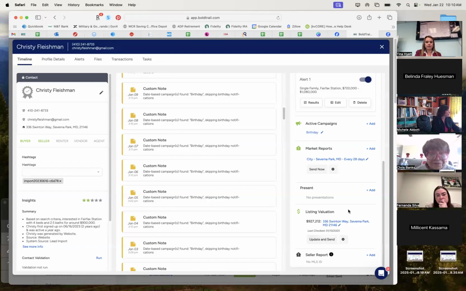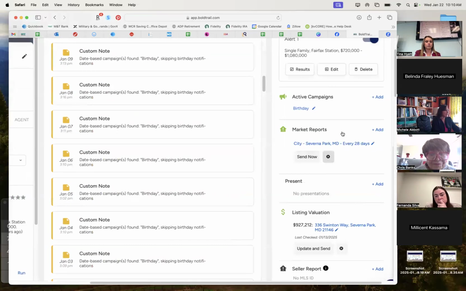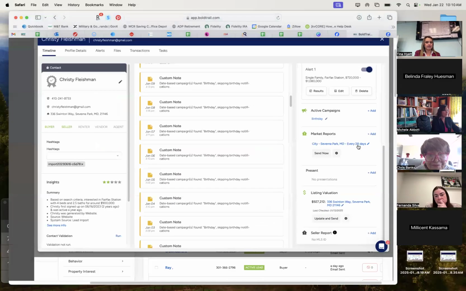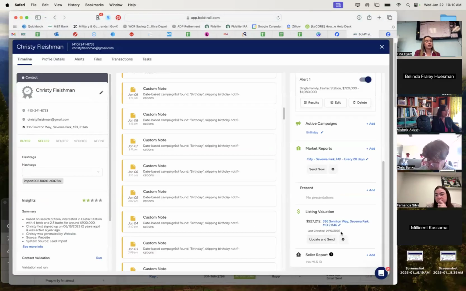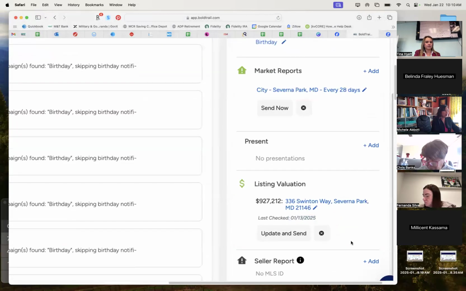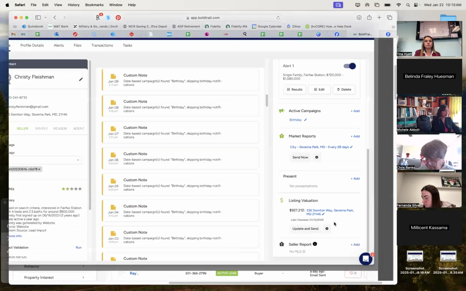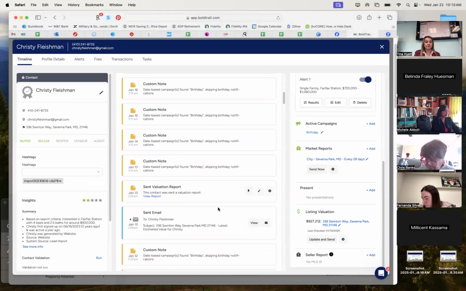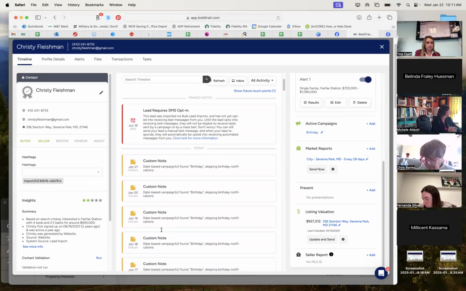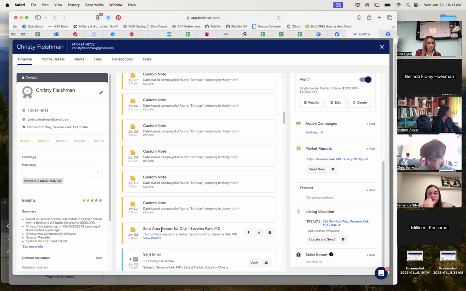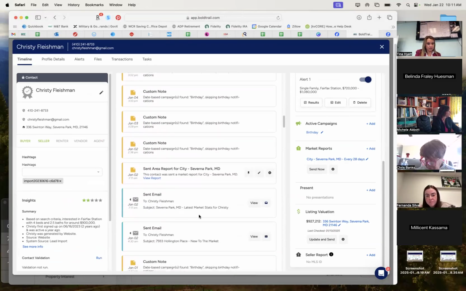What I recommend, you can see here, notice the market reports go out every 28 days and the listing valuation goes out every month also, but I have them on different schedules. I would recommend that you don't set them both up to go out on the same day. The listing valuation report went out on January 13th, but the market update email went out on January 2nd.